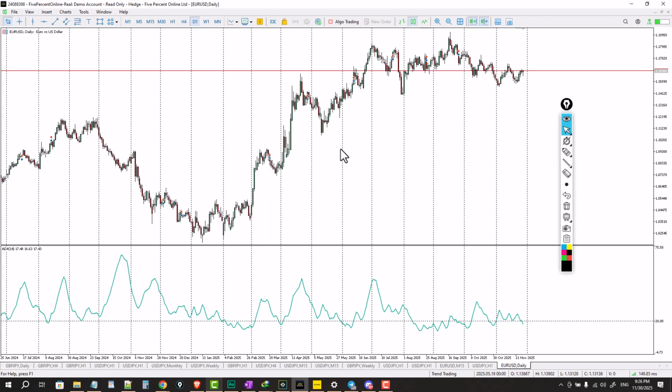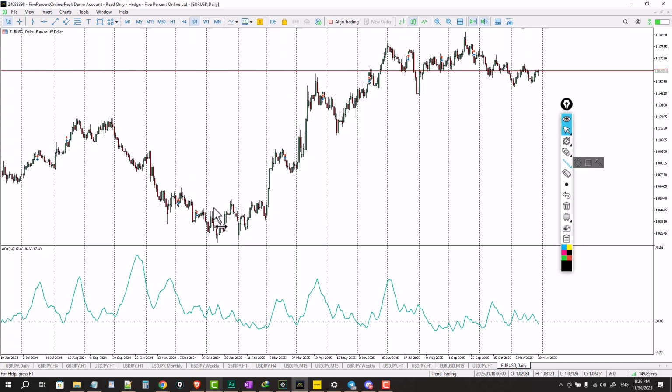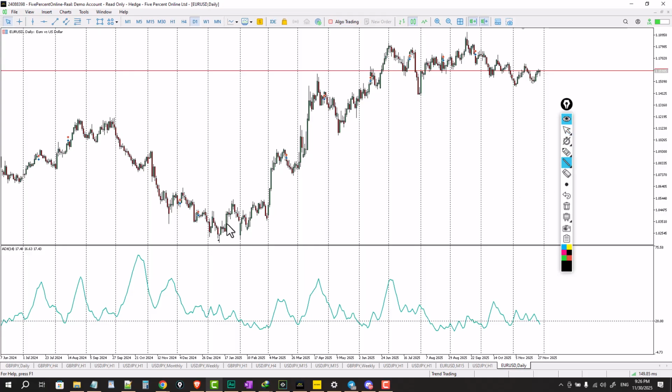So if you are using market structure in conjunction with the ADX indicator, you would have spotted that this particular move has switched from being a downtrending market to an uptrending market, because now price is forming higher highs and higher lows. So we are in an uptrending market.